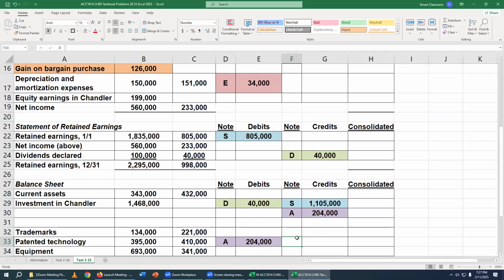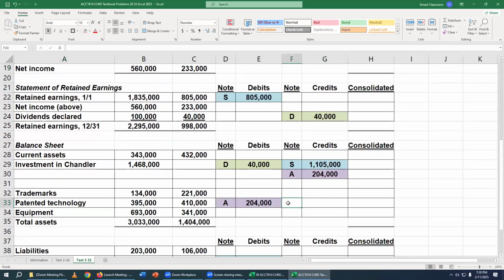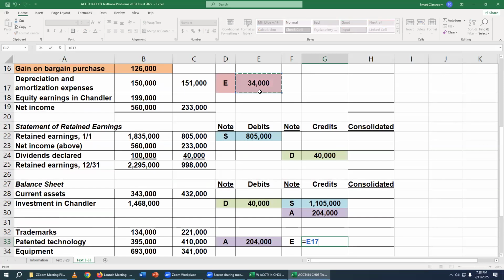Oh wait, I missed something. I missed the equity in earnings. That's the same thing as income. Well, let me do the expense first, just because I stupidly am like a little kid trying to get out the door. Okay, here we go. So that'll be that one.